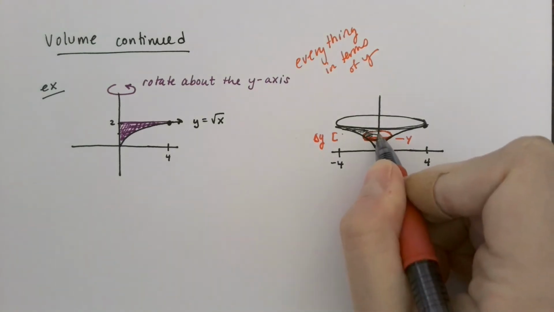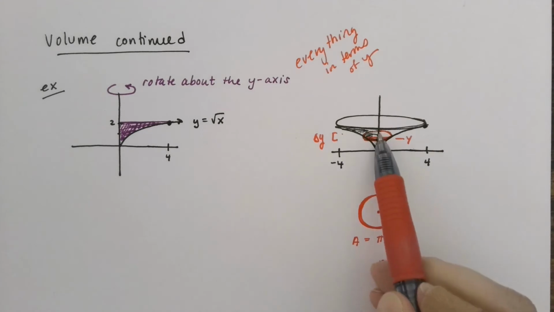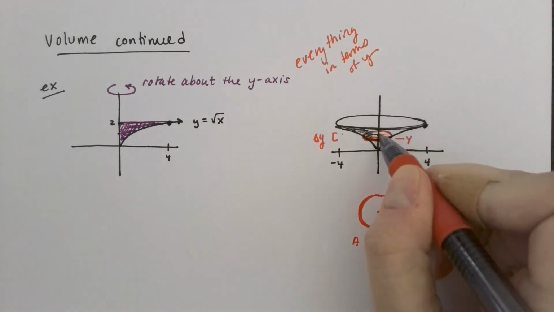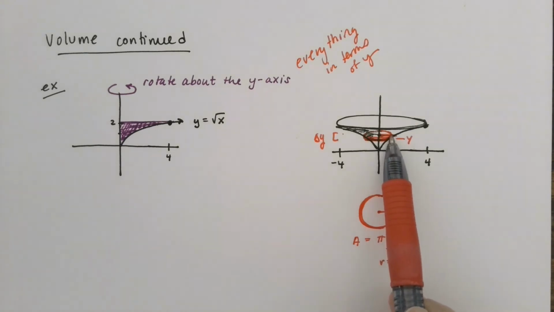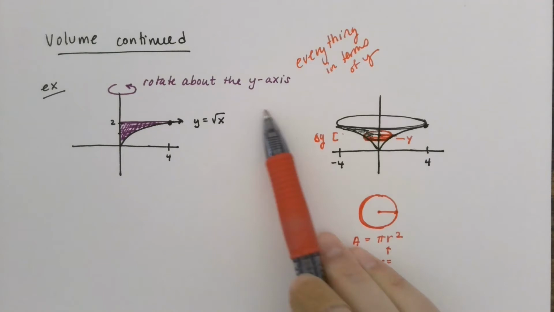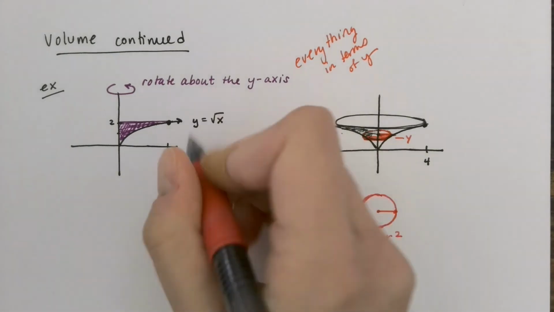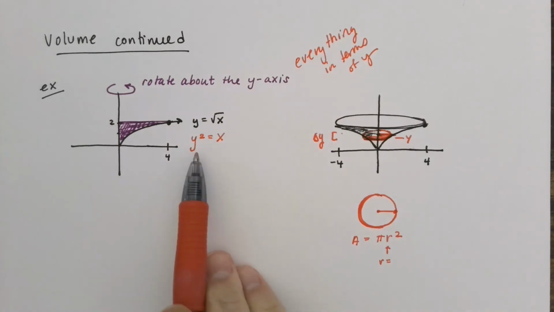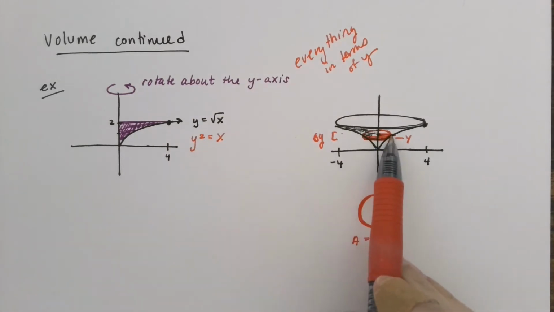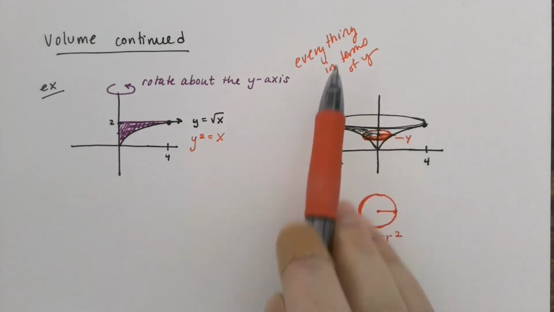And in the picture, that's the distance from the y-axis out to this function here. But that's the x value, right? That's the horizontal distance to this point at a given y. So we don't want the square root. We want to say y squared, right? At any particular y value, that distance is y squared.